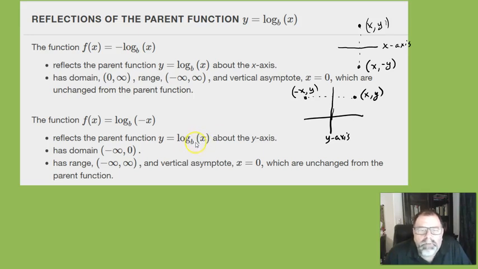If our original function was something like this, when you flip it over the y-axis it goes this way, so your domain is now from -infinity to 0, and the range and vertical asymptote remain unchanged. The domain is going the other way because we flipped it over.